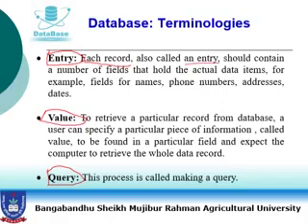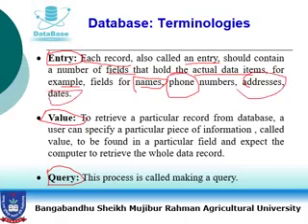When we develop a data table, table fields represent the data entries that hold the actual data items. For example, fields for names, phone number, address, and dates. All of these are data entries.